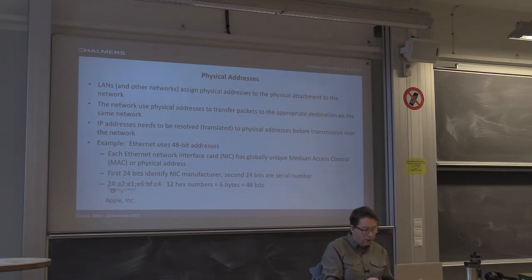Here we see numbers separated by colons, and between the colons there is a hexadecimal number. So it's a number. No, there are two hexadecimal numbers. Okay, so 2 and 4 are the two hex numbers, and a hex digit has 4 bits in it. So this is 8 bits.